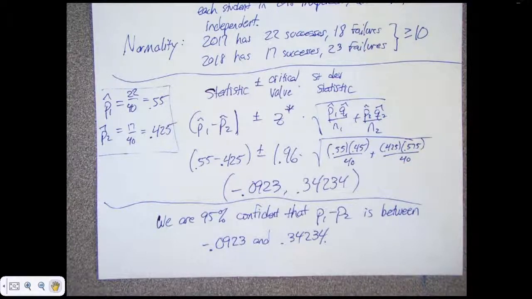So there's a 0 in there. We went around 0. There's a 0 right in the middle. So I can't really say they're different because there's a 95% chance the true difference is in the middle here, and 0 is in the middle. So because 0 is captured in there, I can't be confident enough to say that those two are different. I can't say they're the same either, but I can't say they're different.